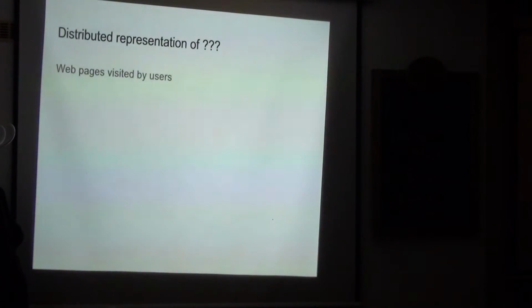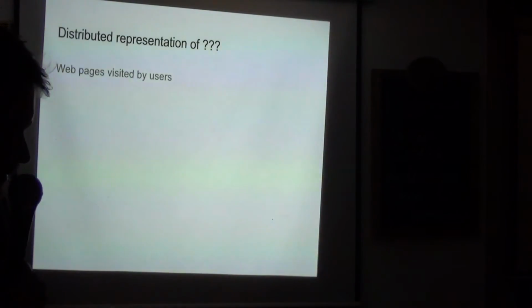So you could use Word2Vec, for example, on web pages visited by users. If we map web pages to words and users to sentences, basically when user in a session visits multiple web pages, you can learn what web pages occur in the similar context and learn embeddings of web pages. So that's first useful use case.